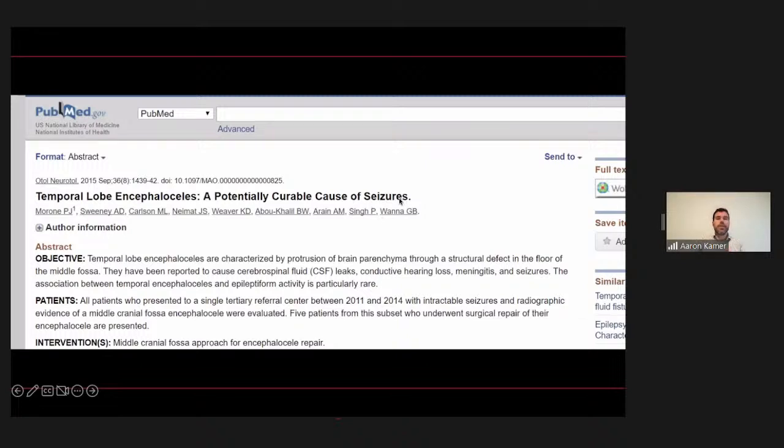The neurosurgeons talk about how when they go in to resect, they actually see that the brain parenchyma and the dura is all matted down into the region of the bone. So getting it away from the bone is a little bit more of a difficult process than it is for a patient without these temporal cephaloceles. So it is actually a fairly common cause of seizure, and it does seem to be associated with evidence of intracranial hypertension, whether or not those patients have other clinically manifesting symptoms of idiopathic intracranial hypertension.